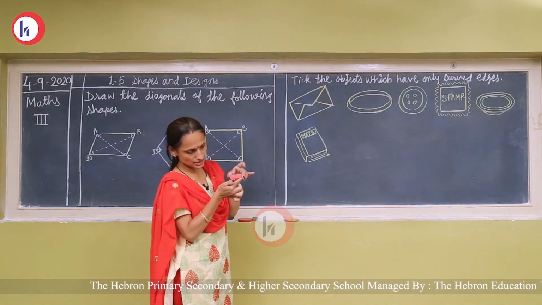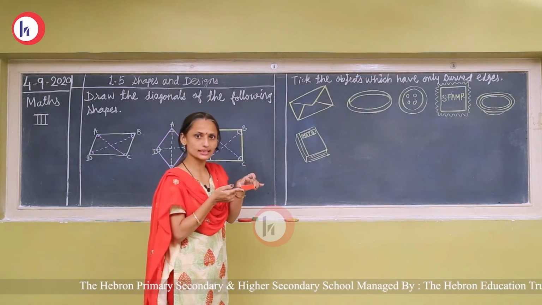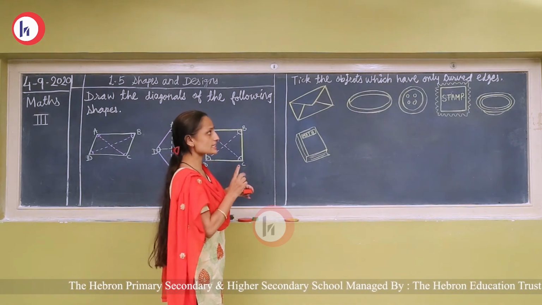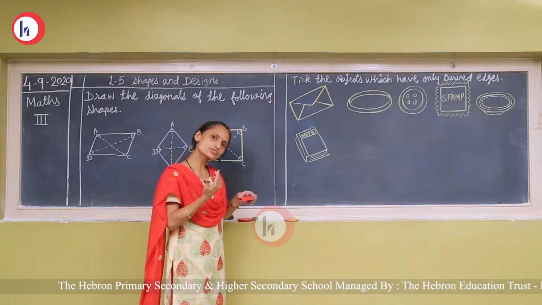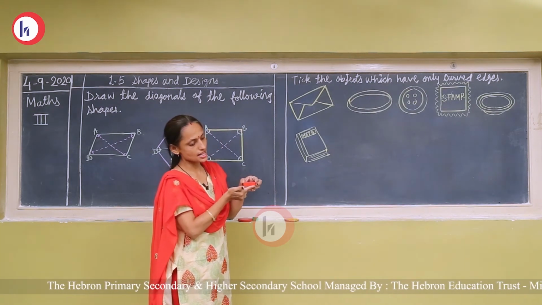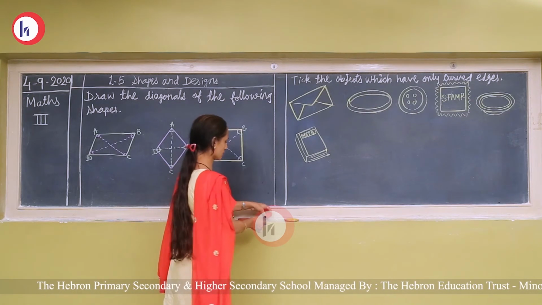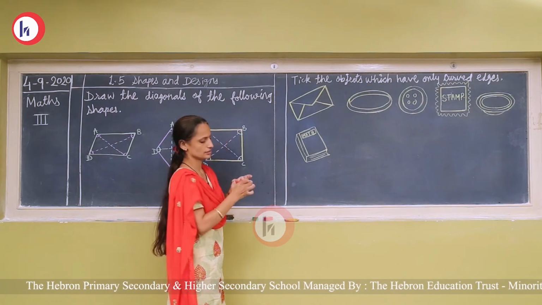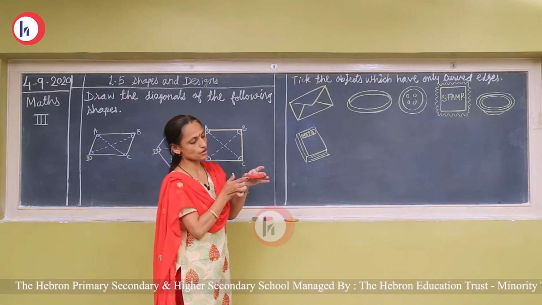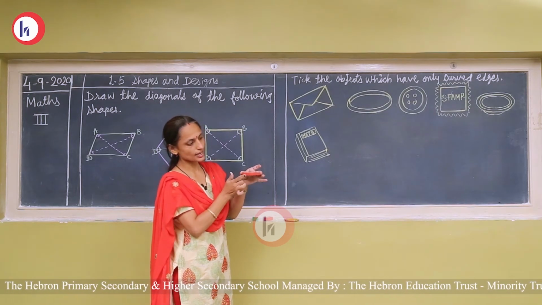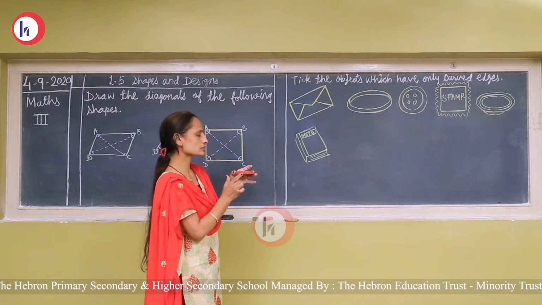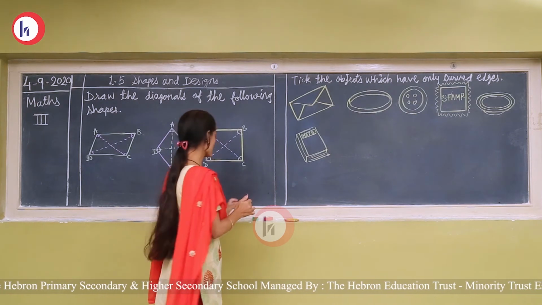For rectangle shape, this is an edge of this rectangle shape. And edges are curved and straight. For rectangle, it is a straight edge. But if we talk about this circle, circle has a curved edge.